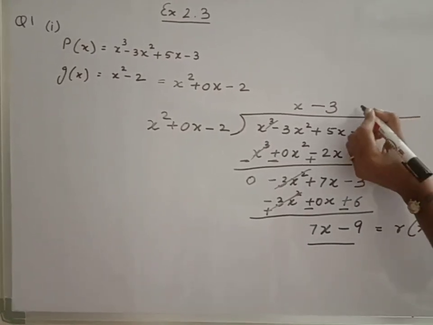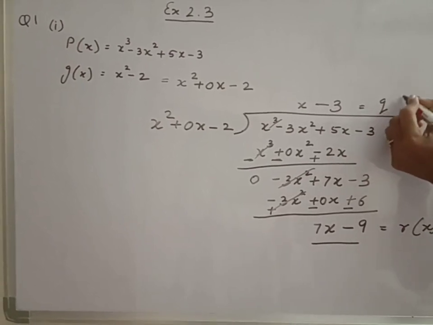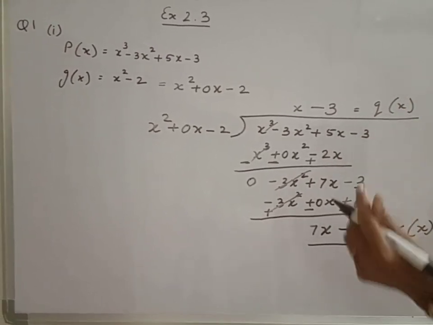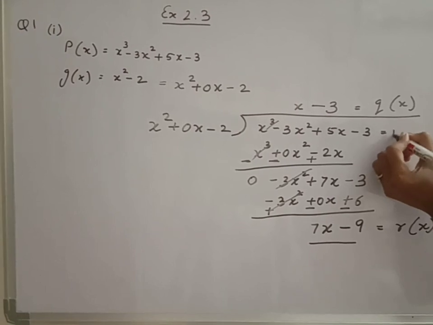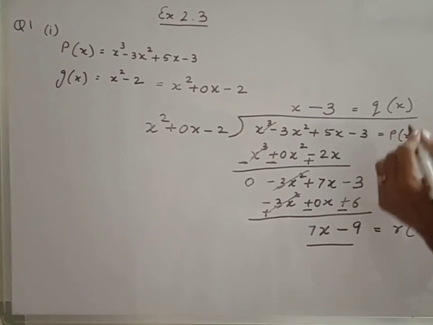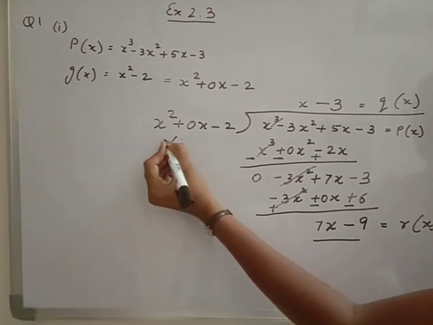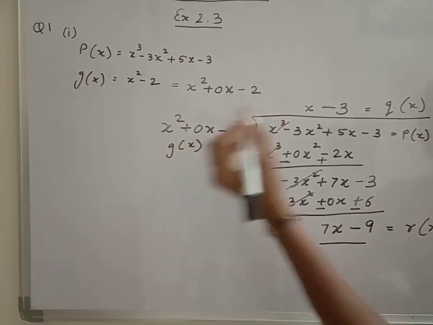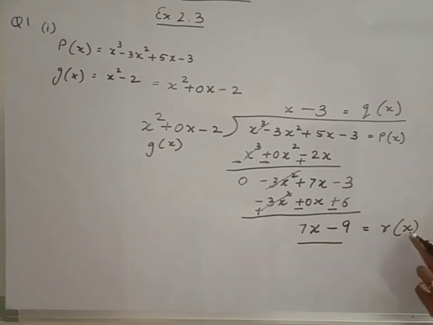So this is my remainder and it is represented by r(x). This is my quotient and it is represented by q(x). So this is my p(x), this is my g(x), this is q(x) and this is r(x).